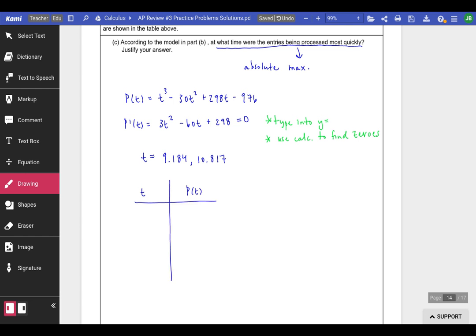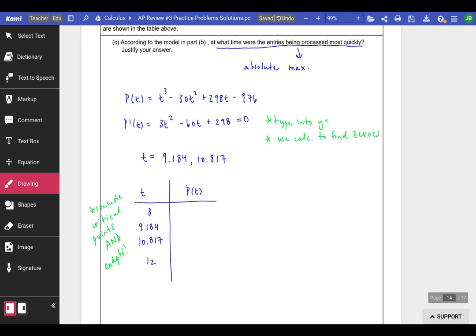Remember that we need to include our critical points and the endpoints. Since this model from part B went from 8 to 12 hours, the endpoints are 8 and 12, and then I'm going to put my critical points, 9.184 and 10.817.